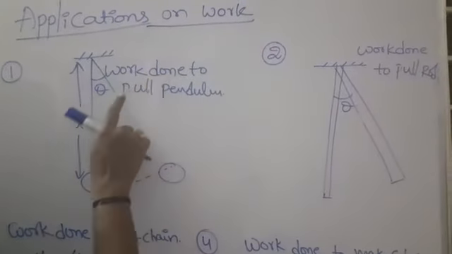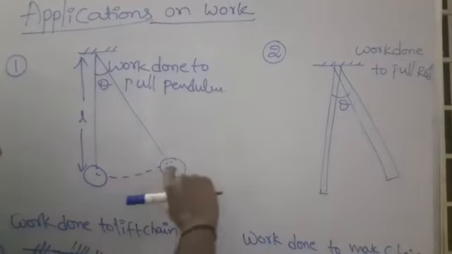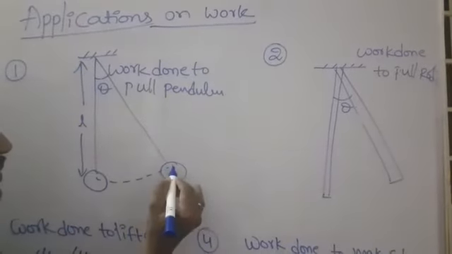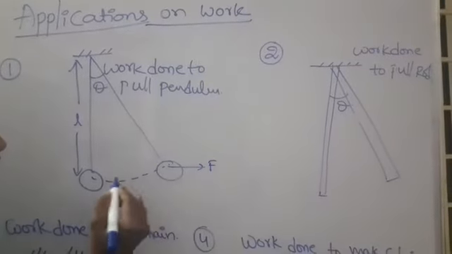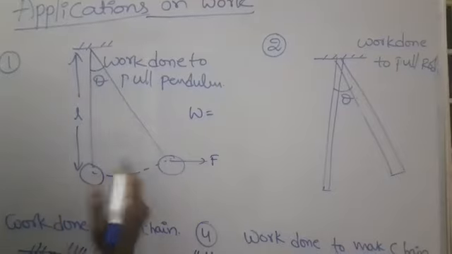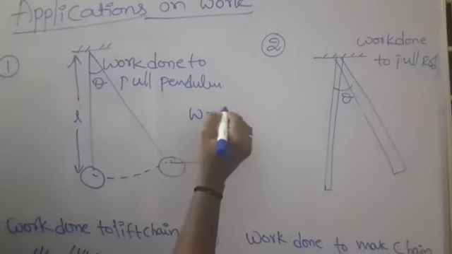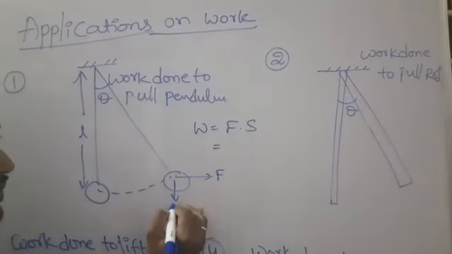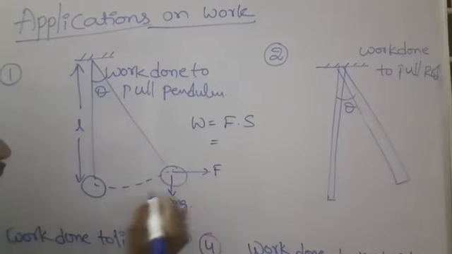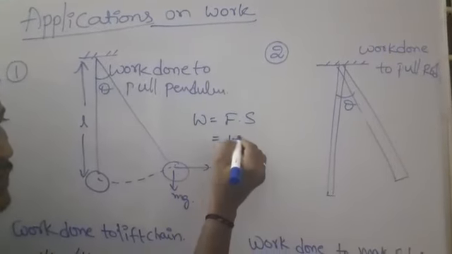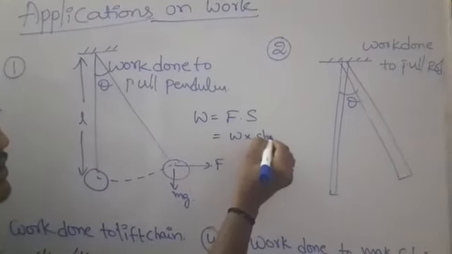First, the work done to pull a pendulum through a small angular displacement theta. What is the work done? Work done is equal to the product of force and displacement. The force is balanced by the weight, and the displacement is the shift in center of mass.